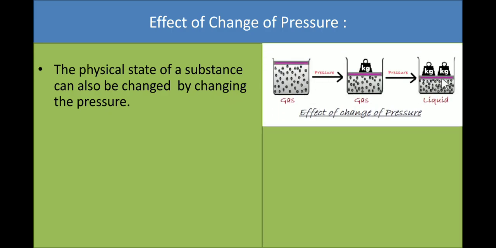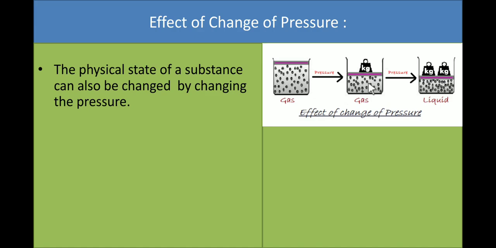Let us see this diagram. A gas is kept in the cylinder with piston. Now if we increase the pressure, the gas will be compressed. Since we know that gas is a compressible substance, it is compressed, and this gas is called compressed gas.